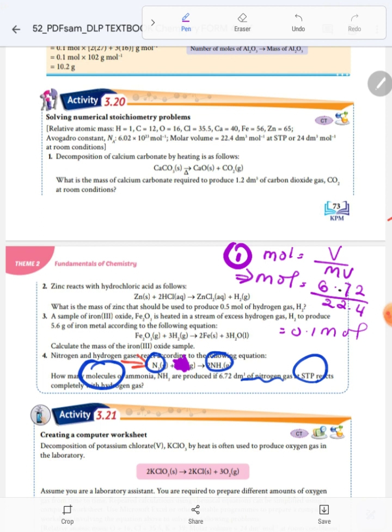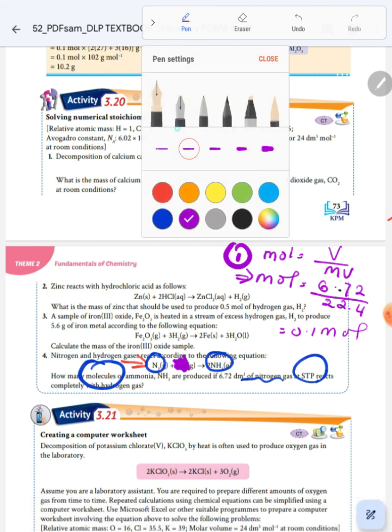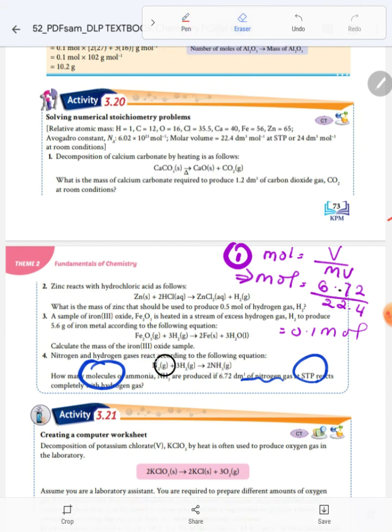Next step is the mole ratio between nitrogen gas and ammonia gas. From the balanced chemical equation, 1 mole of nitrogen produces 2 mole of ammonia. I repeat, 1 mole of nitrogen produces 2 mole of ammonia.